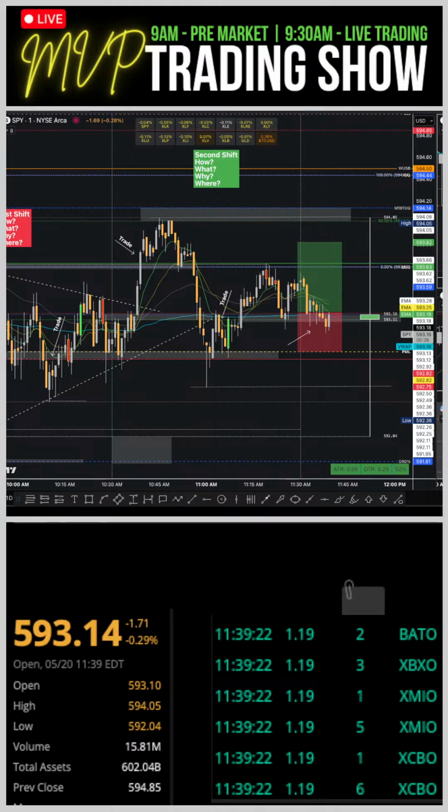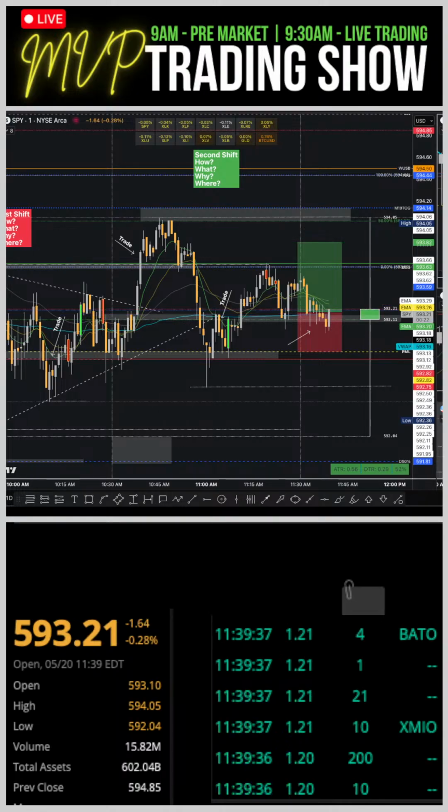Okay, we're back above that daily open. Look at the amount of shake and bake it does. Right, so if you're trying to catch the best entry, if you get stopped out, just keep those stops small.